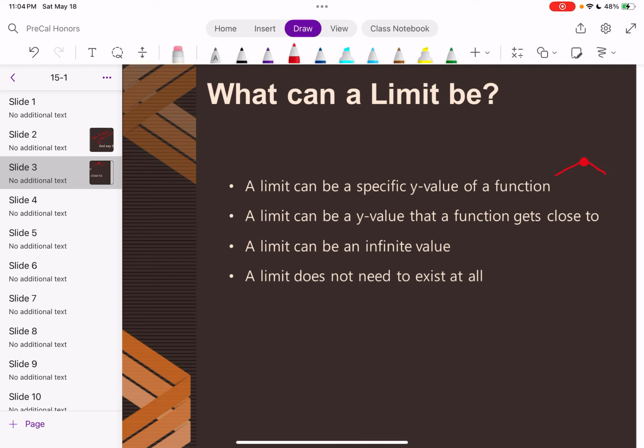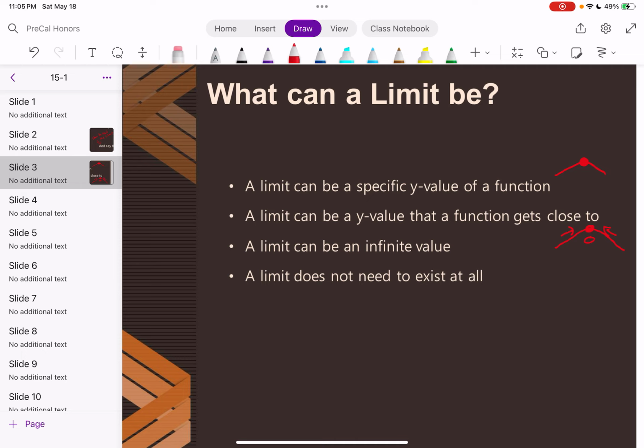Our second example says a limit can be a y value that a function gets close to. Now, using that same example that we used for the first one, oftentimes as we have continuation throughout a line, whether it is a closed circle or an open circle, we are usually approaching from the left-hand side and from the right-hand side.